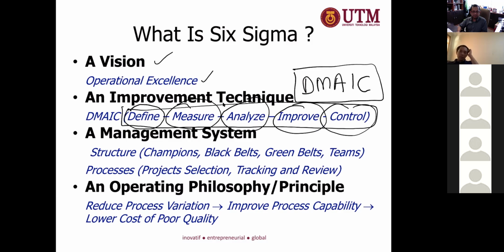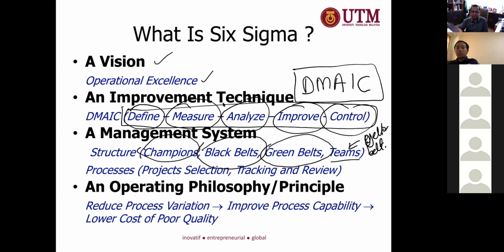And the management structure for Six Sigma, as I mentioned before, starts with teams and then certification for green belt, certification for black belt, and teams sometimes have green belt, yellow belt, sorry. They have a belting system. And then the highest one is the champion. So what is the operating philosophy for Lean Six Sigma?